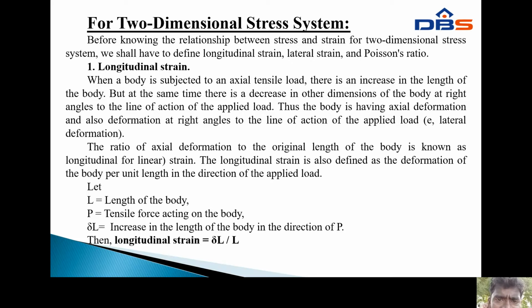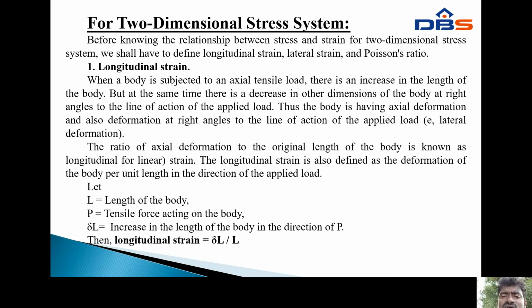At the same time there is a decrease in other dimensions of the body at right angles to the line of action of the applied load. Thus the body has axial deformation and also deformation at right angles to the line of action of the applied load.